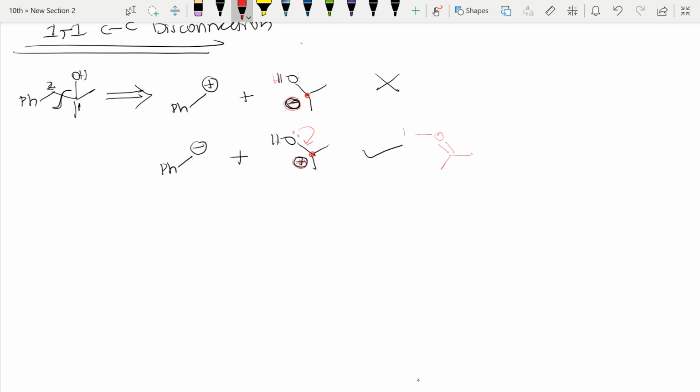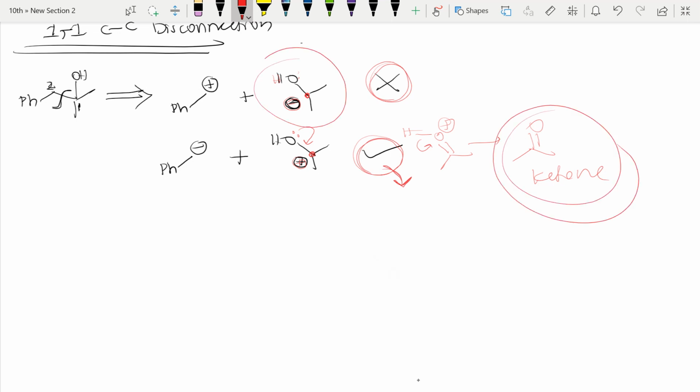See here, it can stabilize as an oxonium ion. Further, if it removes this proton, it will be converted to ketone only. A stable compound we will get. So this kind of dissociation is allowed, whereas this is not allowed. So this is feasible, this kind of reaction, and these things we get in lab also, right?